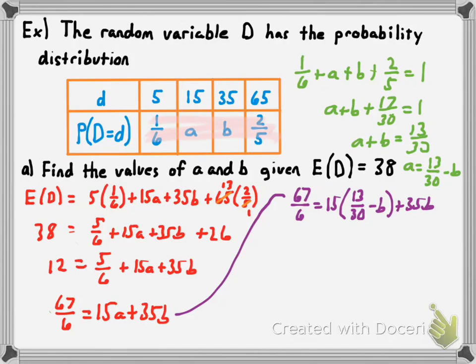All right, I'm going to go ahead and use the distributive property there. 15 times 13/30, you can mentally cancel here, please. That 15 will become a 1, the 30 will become a 2, so you'd have 13/2. And I said mentally cancel because we still have to multiply the 15 times the B, right? So minus 15B plus 35B.